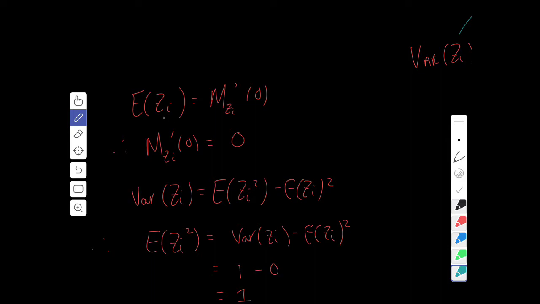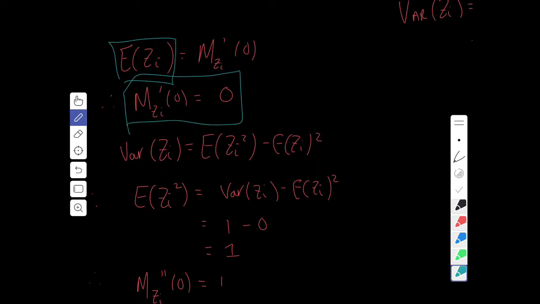So remember that the expectation of zi is the moment generating function of zi. We take its derivative and we evaluate it at 0, and because we know that the expectation of zi is 0, we know that this statement is true. And then the variance of zi, right, isn't the second derivative of the moment generating function, because the moment generating function just gives you non-central moments.